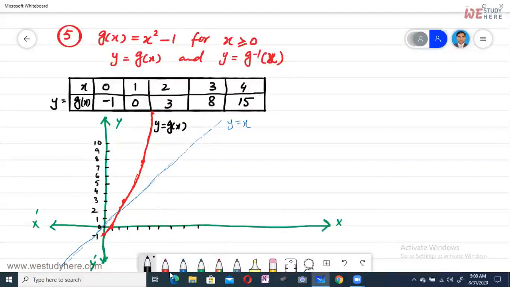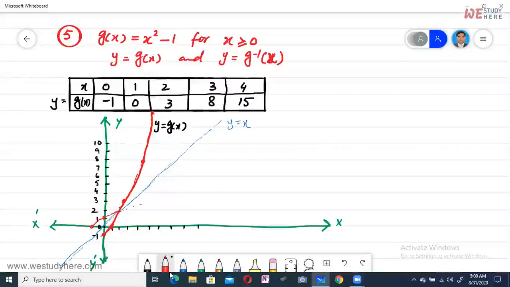In the reflection, as this is minus 1, 0, here we will take 0, minus 1, this side. Then this is crossing the x-axis at 1, 0, so here we will take 1, 0, this point. Then the reflection of this one will be this one.